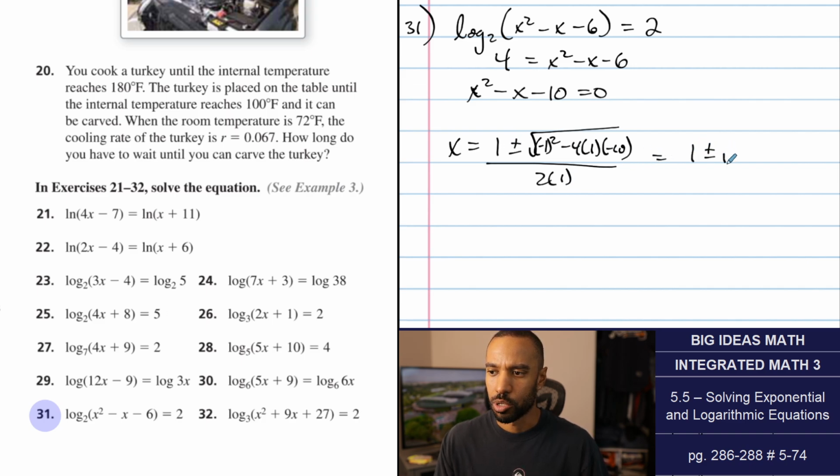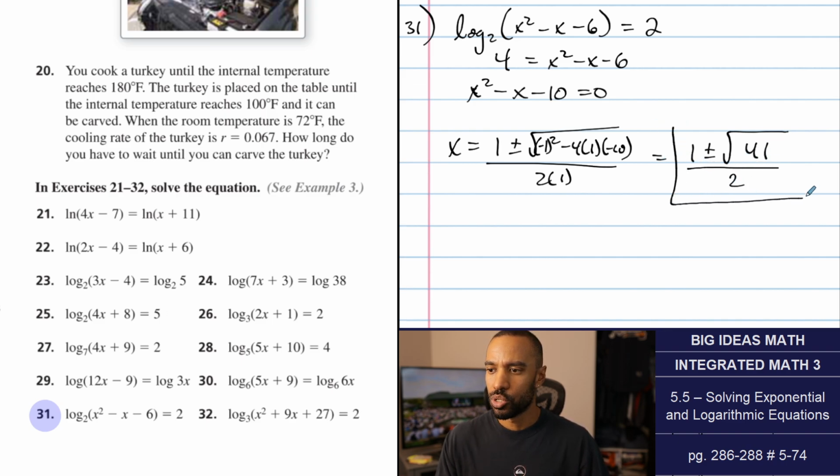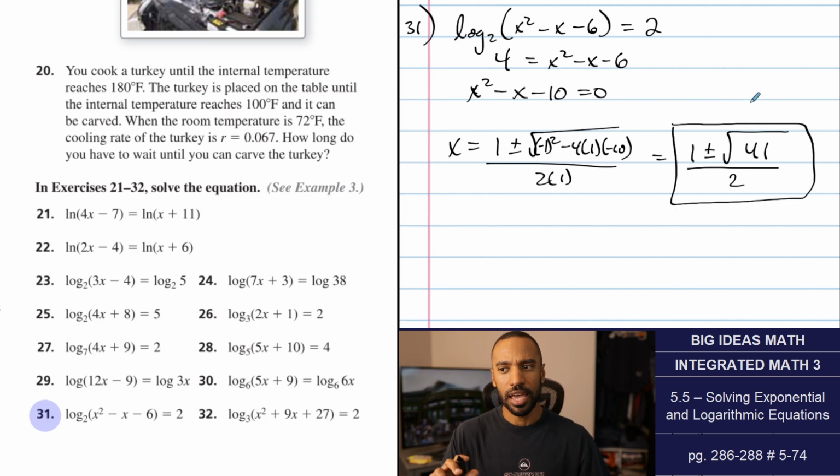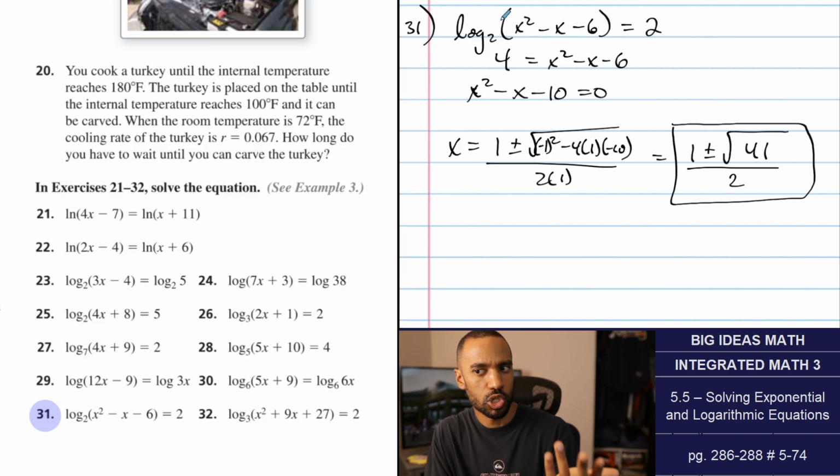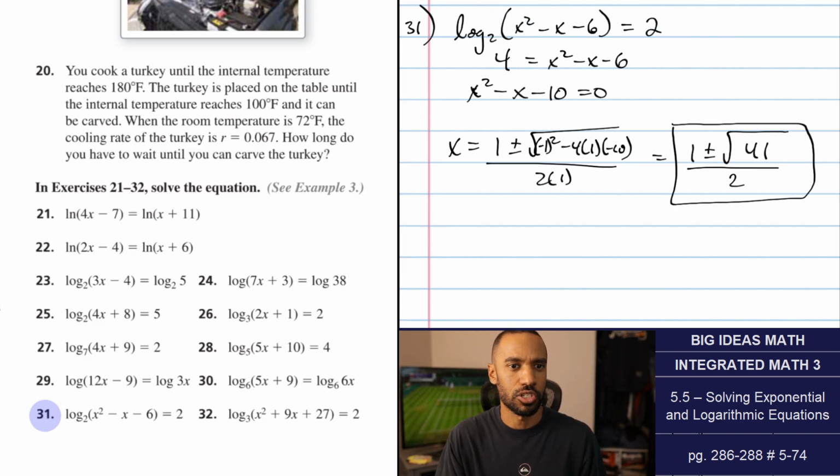So that's 1 plus or minus the square root of 1 plus 40, all divided by 2. These are the two different answers, and I believe both answers for x are fine, meaning you can have 1 minus root 41 over 2, because you're going to be squaring that x in the end, and everything's good as long as it's still inside the log, then it'll turn positive ultimately. Remember, it began as a quadratic, so it's not like it turned into a quadratic later.